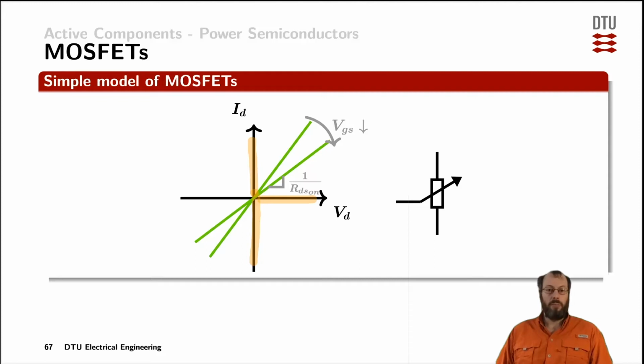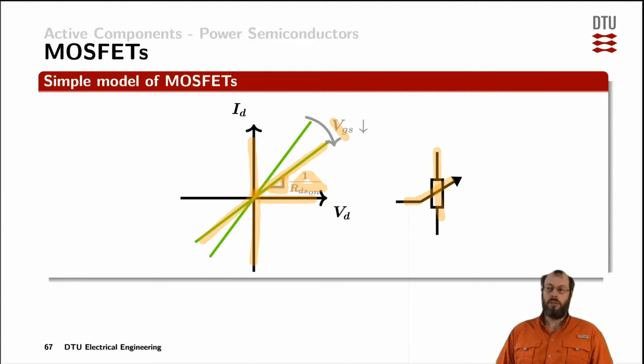Practically, the operation of the MOSFETs cannot reach the axes, and we are more like somewhere on a straight line, which is controlled by the gate source voltage. And the lower the gate source voltage, the higher the equivalent on resistance, which is the derivative of this straight line in the ID characteristics of the MOSFET, dominating the losses, and it can be modeled as a controlled resistor or also a potentiometer.